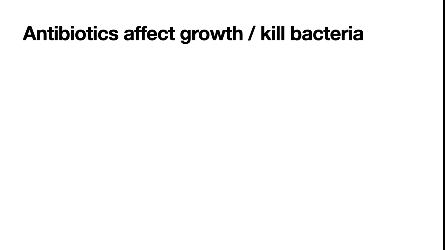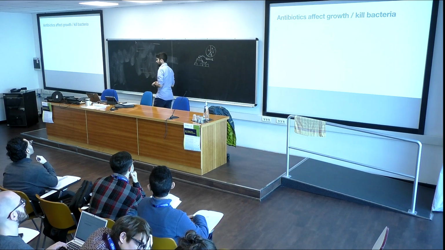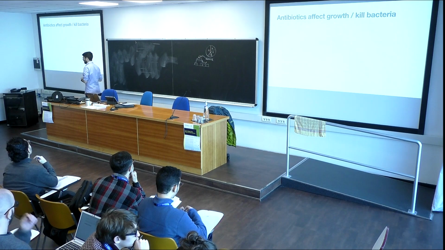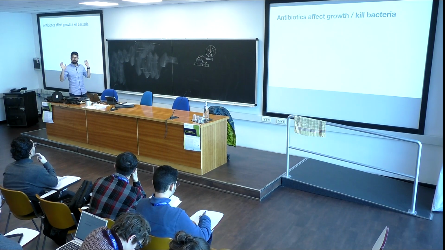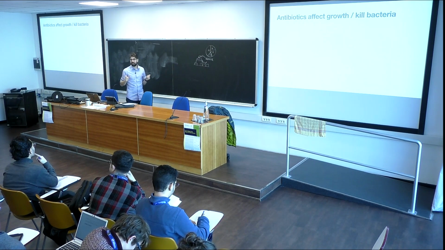So one famous example, which was the way antibiotics were discovered, is penicillin, which is produced by a yeast to kill bacteria. So antibiotics exist in the natural world, it's not something that we made, and it's a new thing for bacteria only in the last 100 years.